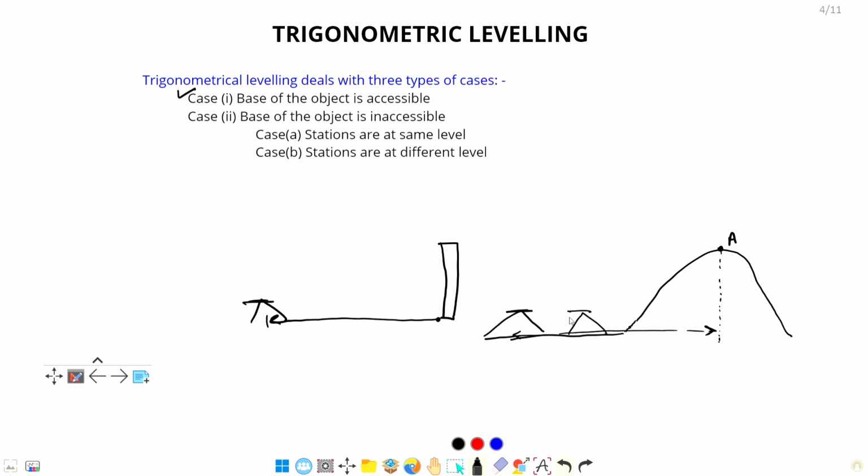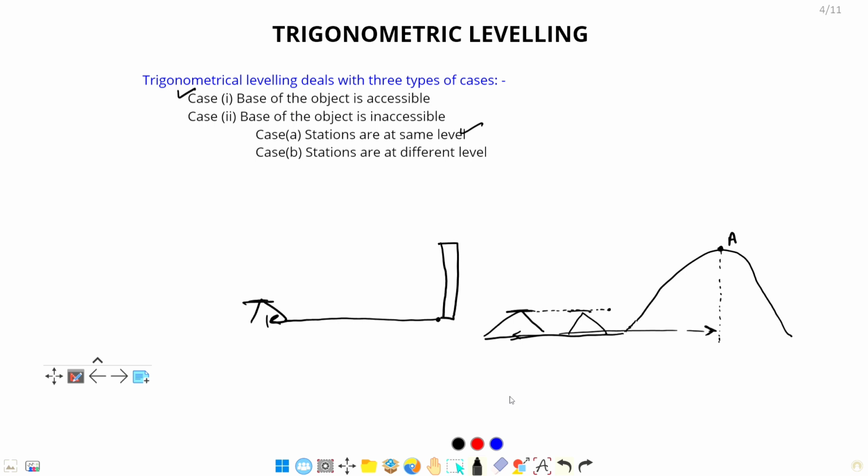We will use two different positions of the theodolite. If these two positions are at the same level, means the height of the line of sight is the same, then it comes under the first case of the second case. And if these two stations are at different levels, one at a different height and the other at a different height, then it comes under the other case.